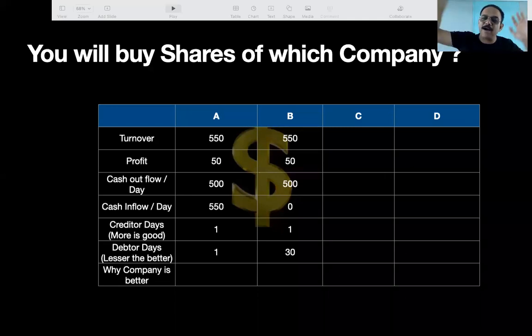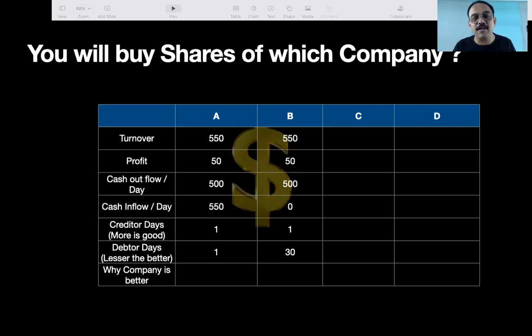Yes, customer bhaag gaya, bread wagairah kha ke bhaag gaya, kya kar loge? Customer runs away for B. He will have difficulty in collecting the payment, right? On paper he's having profit, but actually he's not having profit unless he gets paid, right? There is no cash flow incoming every day. He has to do more investment. B will have to invest 30 times 500. He is not getting returns on his 500 rupees every day.